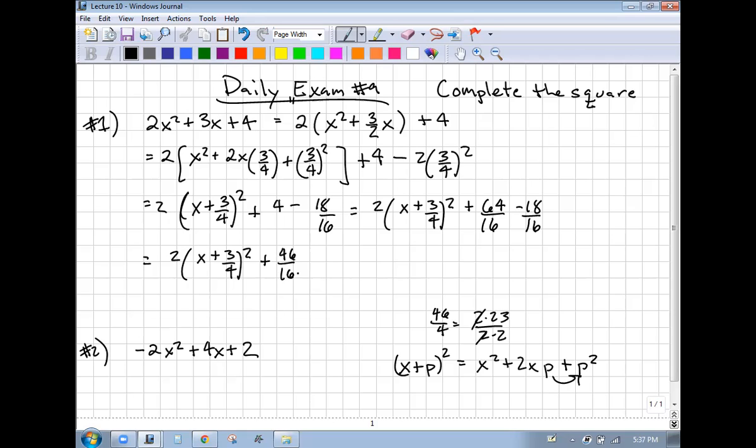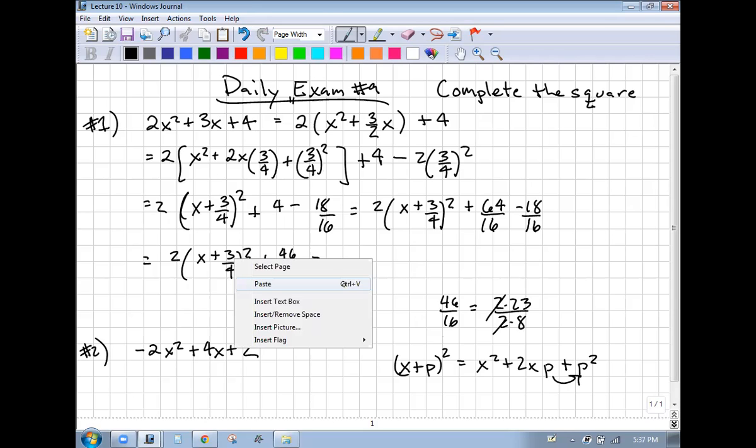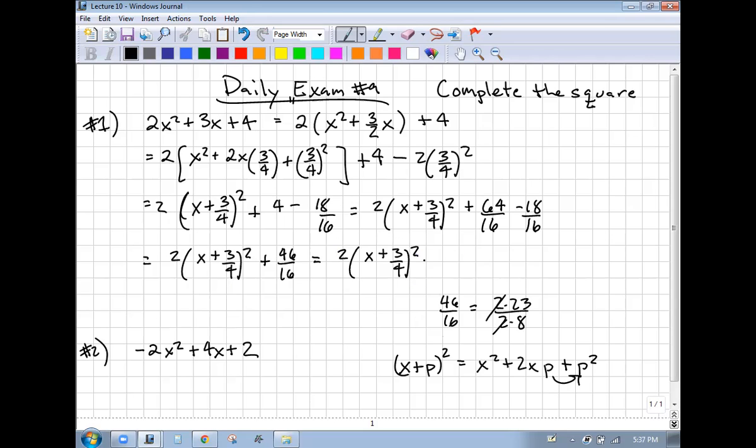So 46 16ths. Let's simplify this fraction. 46 is 2 times 23, and 16 is 2 times 8. Simplifying this gives me 23/8. So we completed the square.